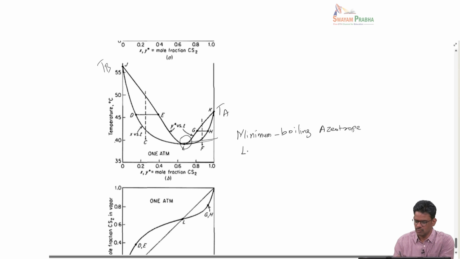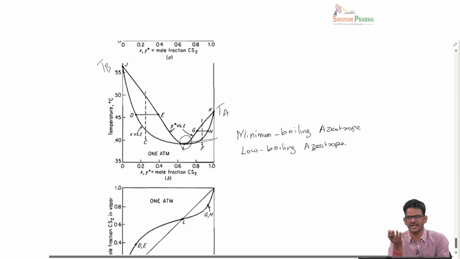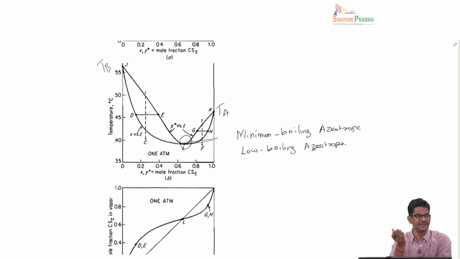Sometimes we call this a low boiling azeotrope. It also means that you can have other kinds of mixtures where the boiling temperature of the azeotrope can be higher than TB. Okay, so that we call as maximum boiling or high boiling azeotrope. So this is something we have seen before.